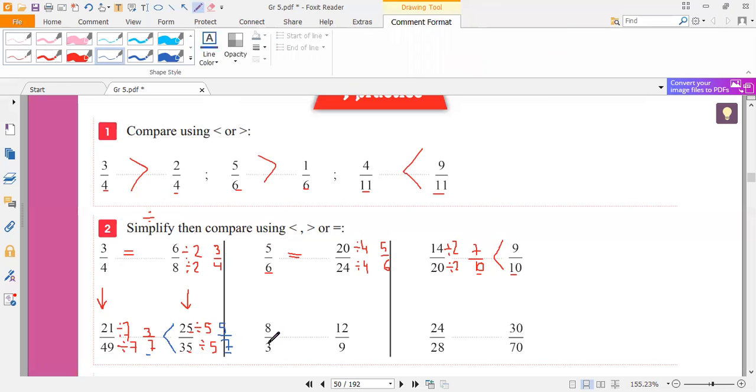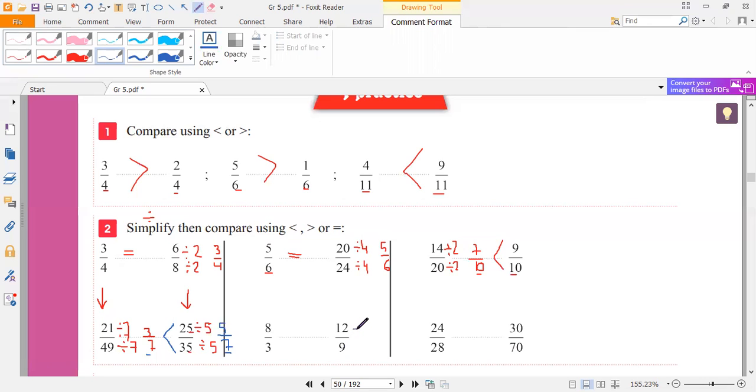Here 8 thirds and 12 ninths. Now I'm going to look at the largest fraction. I'm going to start with 2. Are they divisible by 2? No, because 9 is not an even number. Are they divisible by 3? Let's see. 1 plus 2 is 3. Yes, and 9 is divisible by 3.